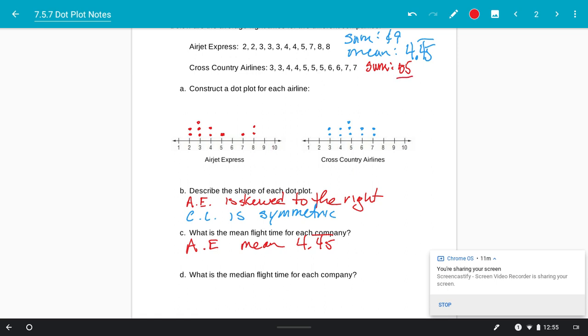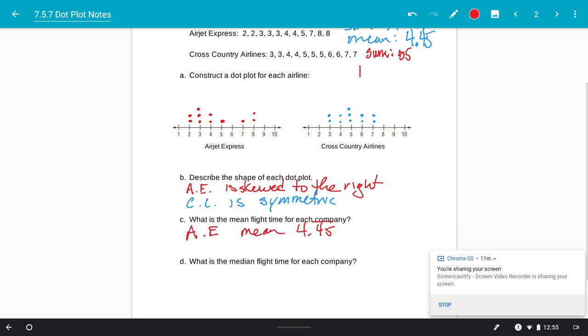So our mean here would be 55 divided by 11, which gives us 5. So for cross-country, the mean is 5. Right, so we see that the mean is a tiny bit higher for cross-country airlines and a little bit lower for Airjet Express. Next, we want to find the median.